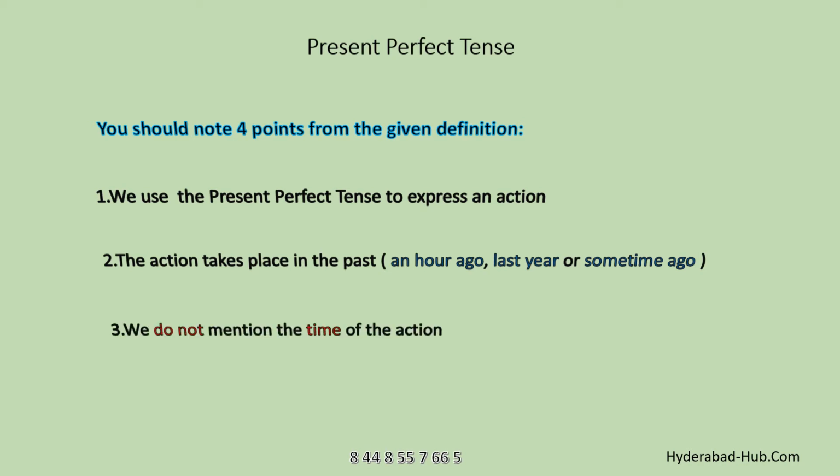We do not mention the time of the action. Finally, we use the verb form, that is have plus past participle. Taken, broken, spoken, eaten. All these are the past participle forms of verbs.